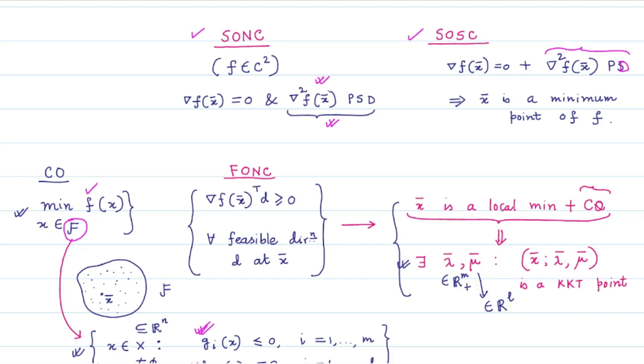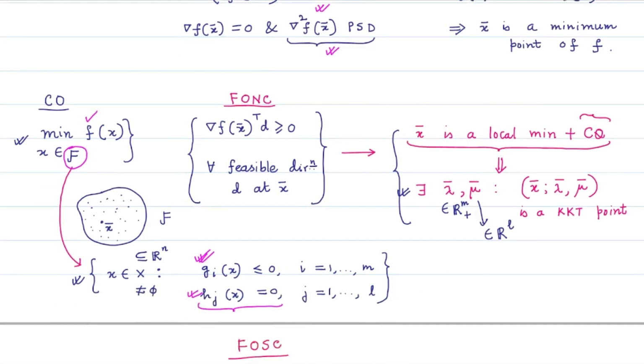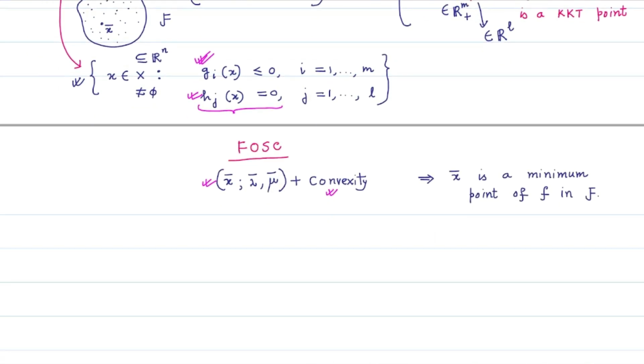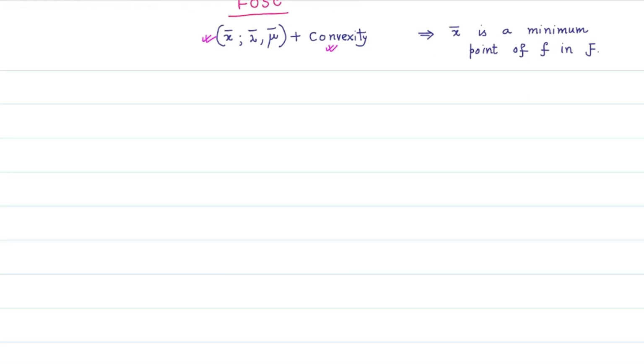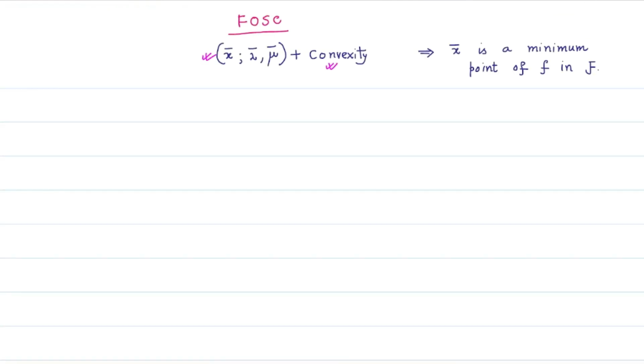And basically we'll see that if some kind of positive definiteness of the Hessian of the Lagrangian happens to be true at the point x bar, then that will give us some second order necessary and sufficient optimality condition for a constrained optimization problem. So to find these conditions, let us at first analyze the Lagrangian or the Lagrange function.